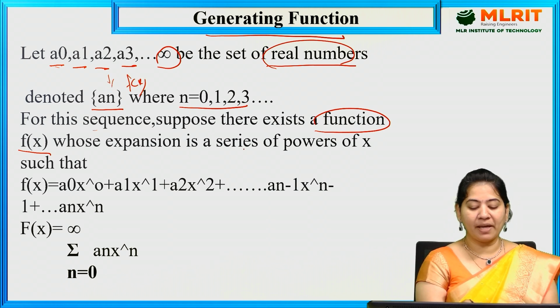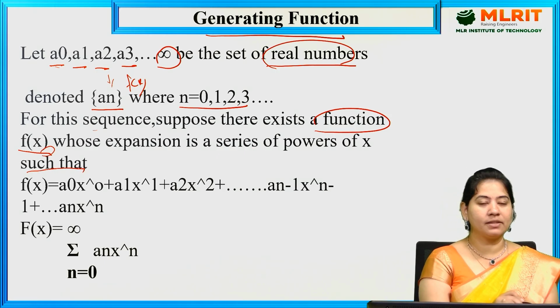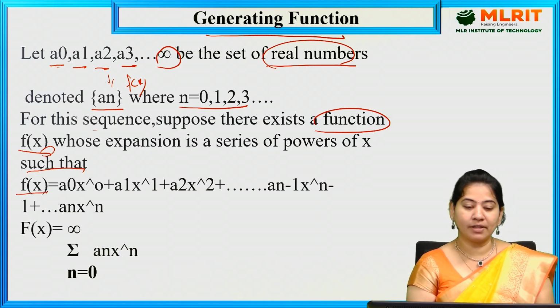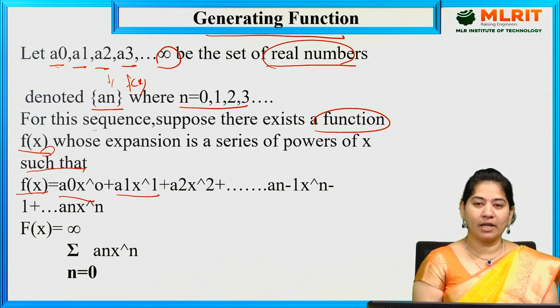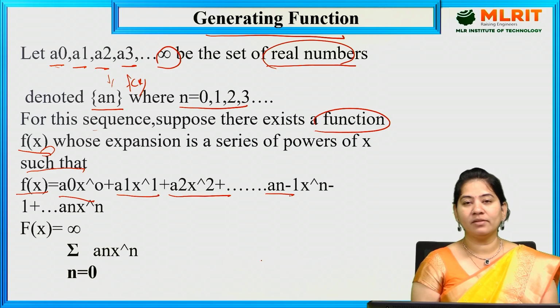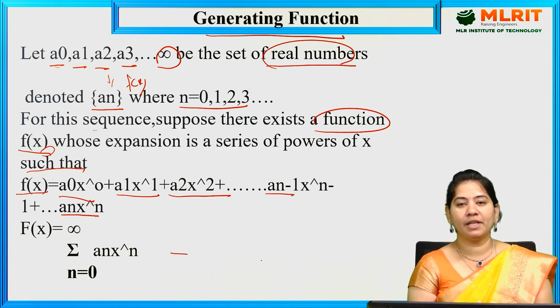Its expansion is a series of powers of x, such that f of x is equal to the generating function a0 x power 0, a1 x power 1, a2 x power 2, and so on, up to an x power n.